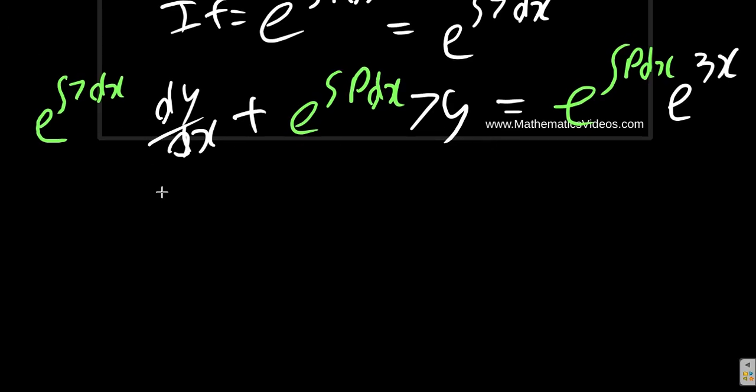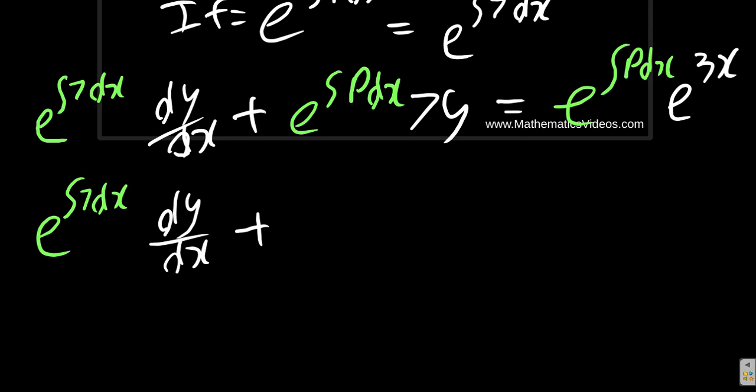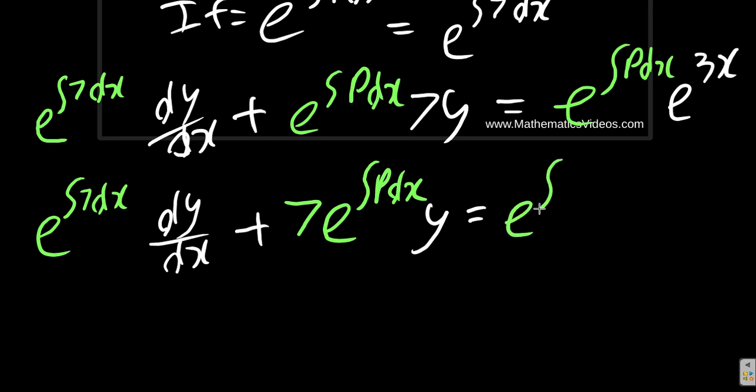Now, what do we have here? Interesting. Let's rewrite this. We have e to the integral of 7 dx times dy by dx plus, let's put the 7 in front, 7 e to the integral of 7 dx multiplied by y is equal to e to the integral of 7 dx multiplied by e to the 3x.